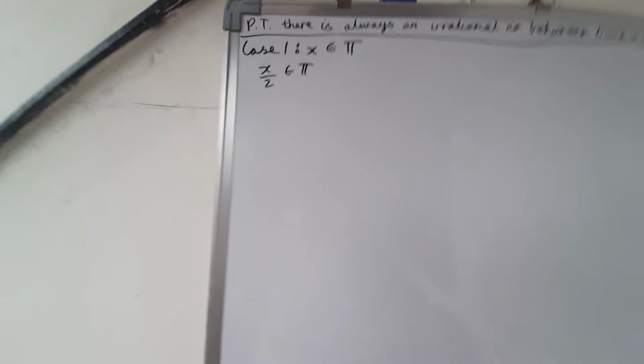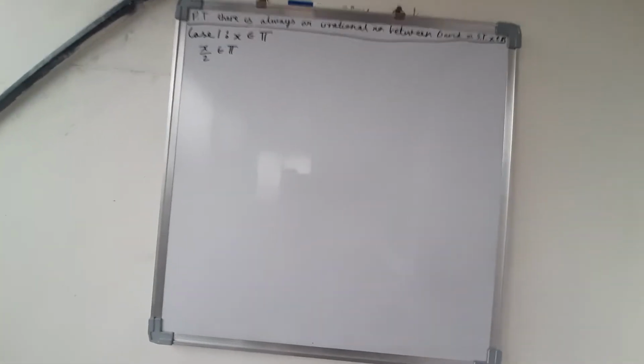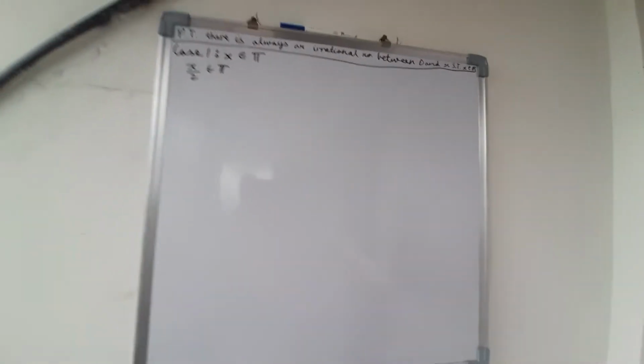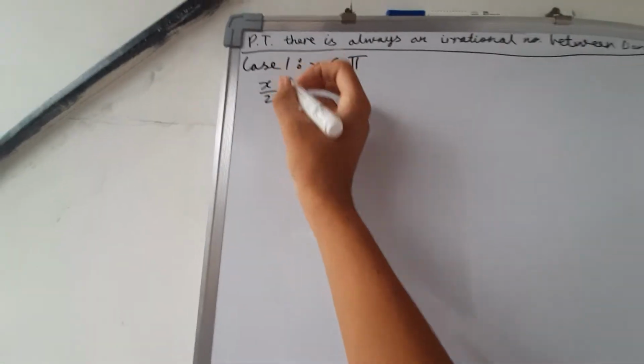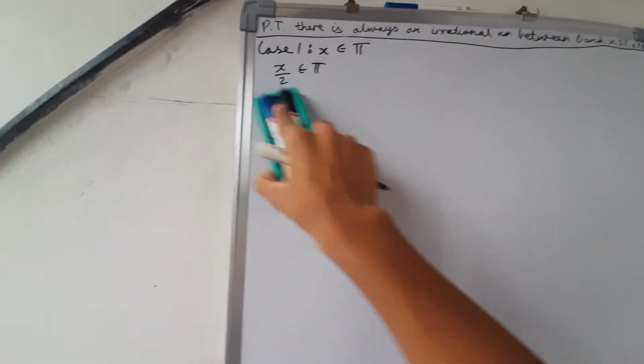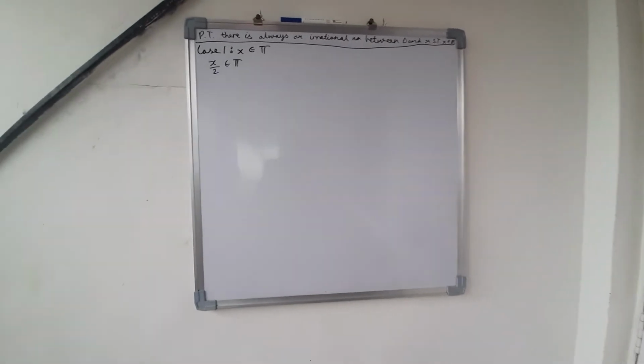It should be obvious, since 2 is not an irrational number, neither is it 0. Any irrational number times a rational number that's not equal to 0 is irrational. So this is basically x times 1 upon 2, right? I'm pretty sure that's true.